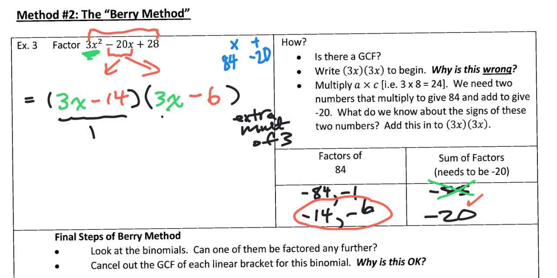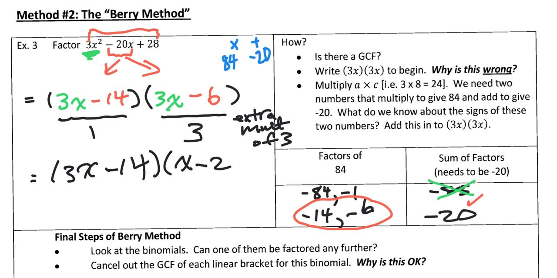Both of these numbers can be divided by 3. So if I divide 3x by 3, I get 1x. And if I divide negative 6 by 3, I'm going to get negative 2. So this means we can rewrite this equation as 3x minus 14 and x minus 2.